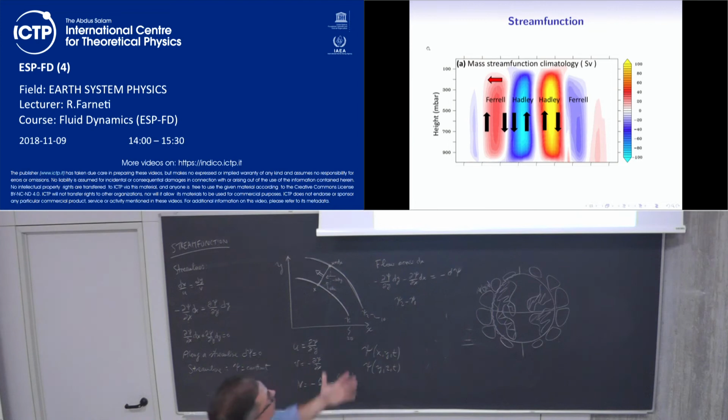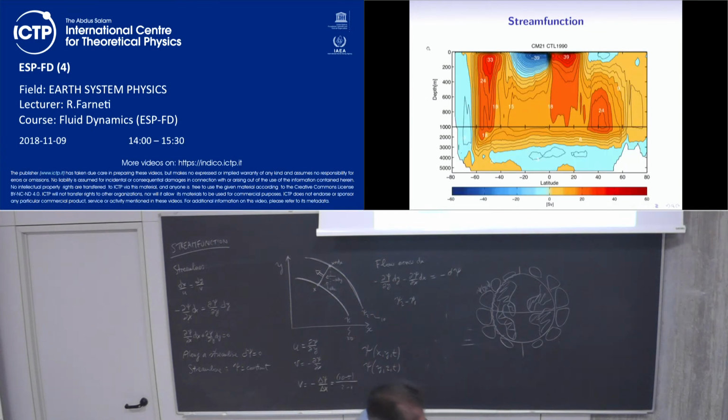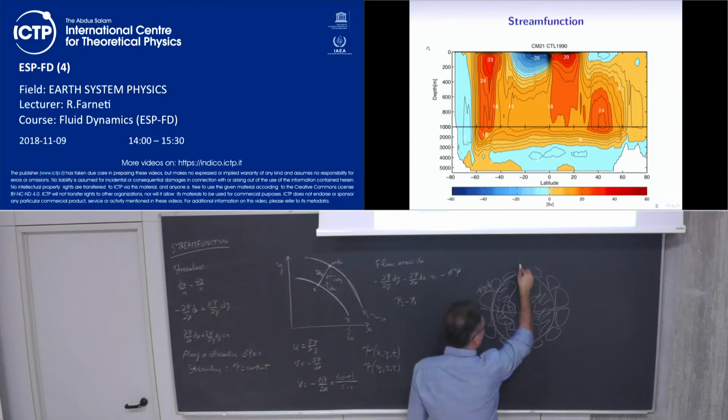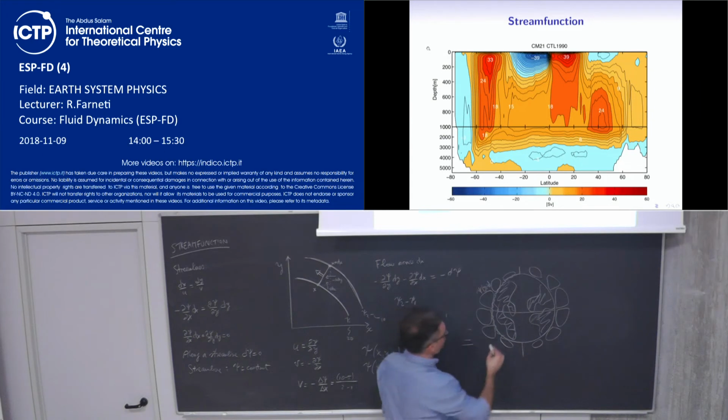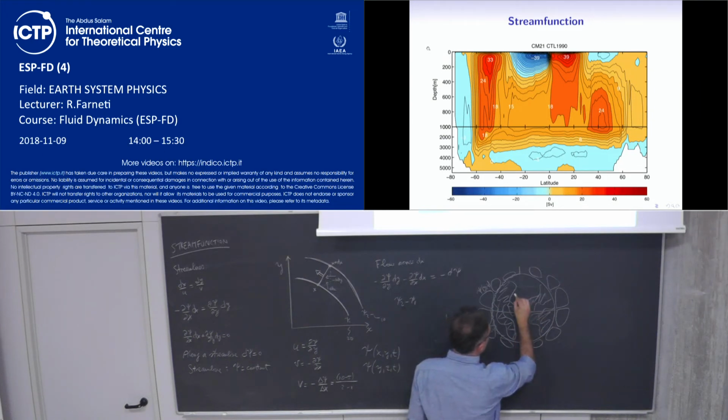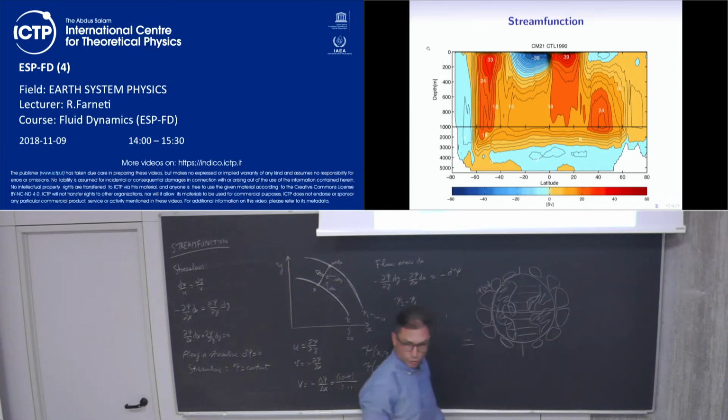So now, if you're trying to build this meridional overturning circulation and you want to make the flow 2-dimensional, if you're cutting here and then you integrate zonally, you're going to integrate zonally up to the zonal boundaries. So you're going to get one particular flow. If you cut in the middle of the Pacific, you're going to get a totally different solution, because once you integrate zonally, it's going to be totally different.